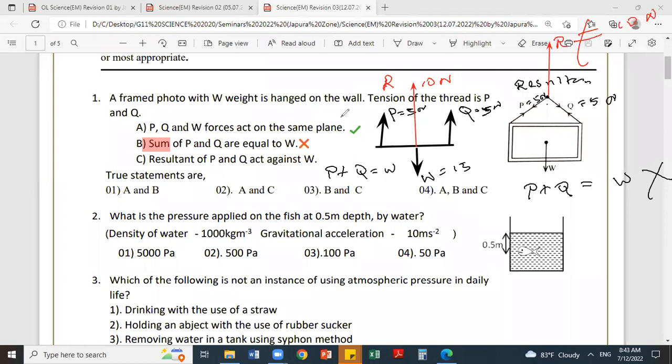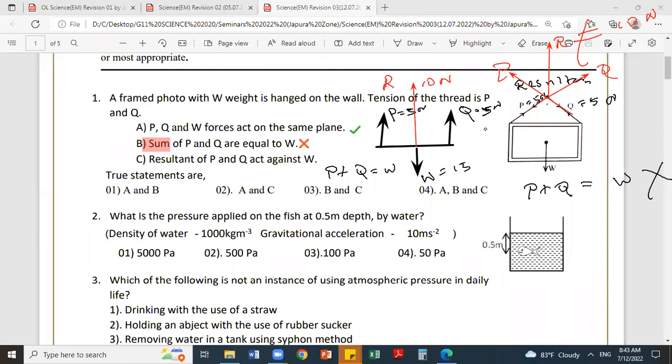That is very important to understand. Therefore, we have to get the resultant of these two. If you direct this one in this direction and this one in this direction, then the resultant of P and Q will be W. R is equal to W. Therefore B is wrong.